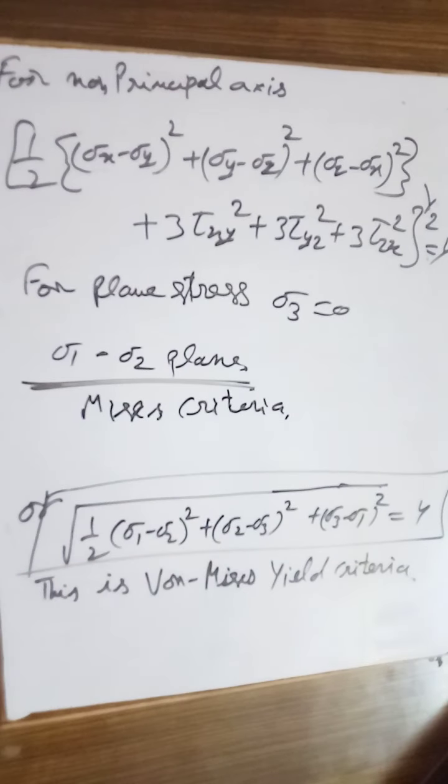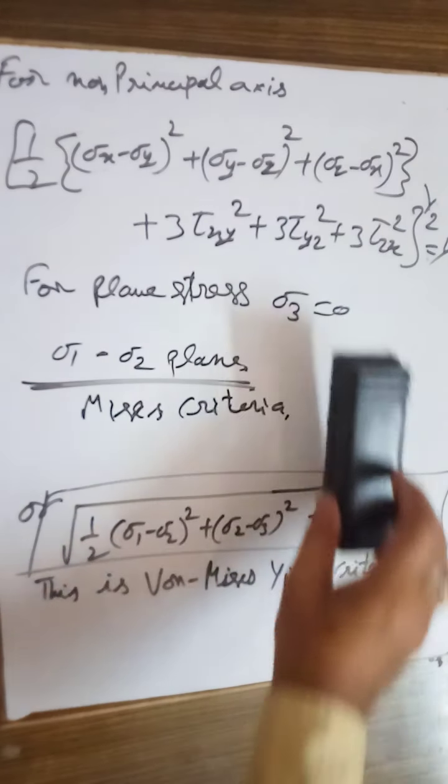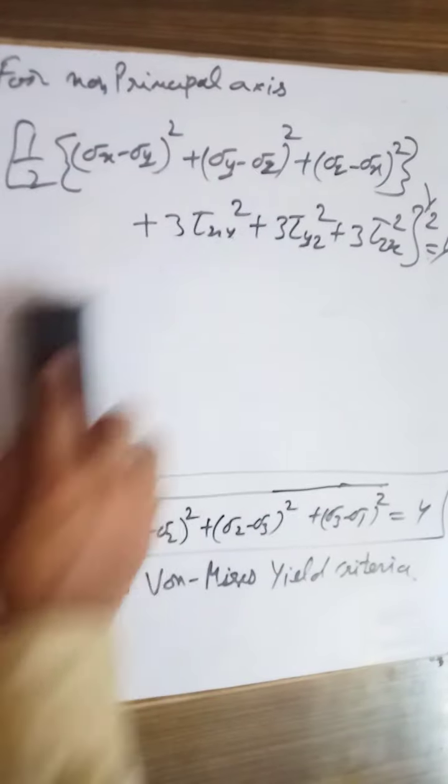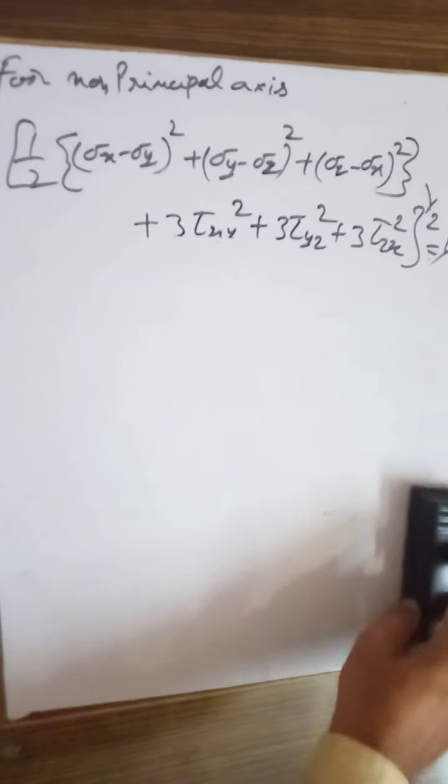So let us draw an ellipse for that, and for that we need to again have some space on this board. If we can have these different axes, like this is sigma 1 plane, sigma 2 plane. In this direction, x direction sigma 1, and y direction sigma 2.